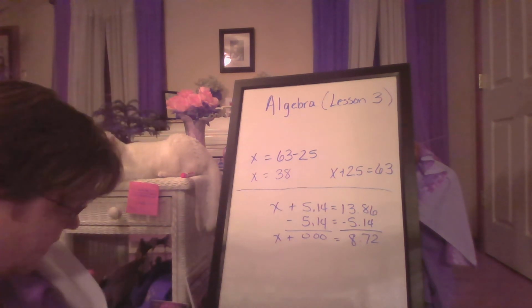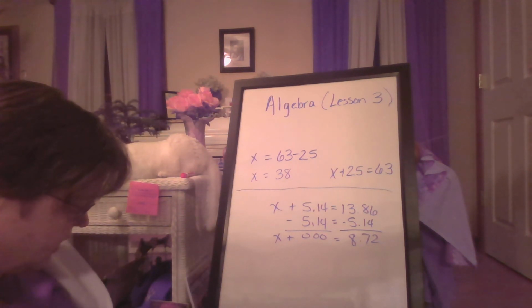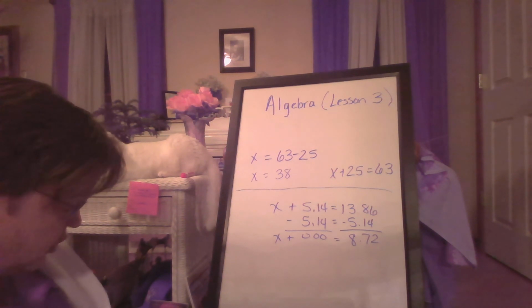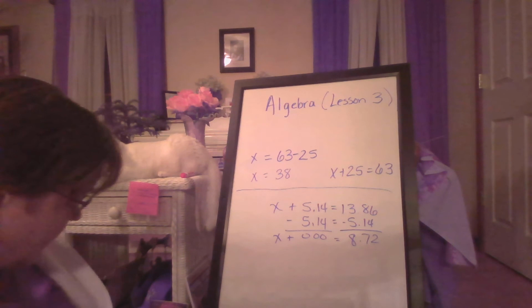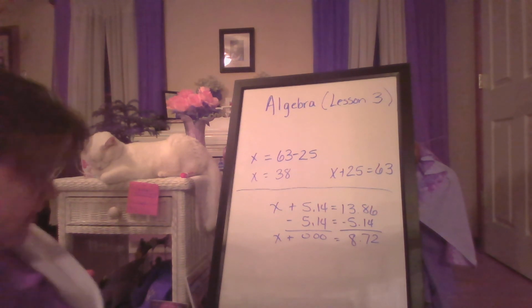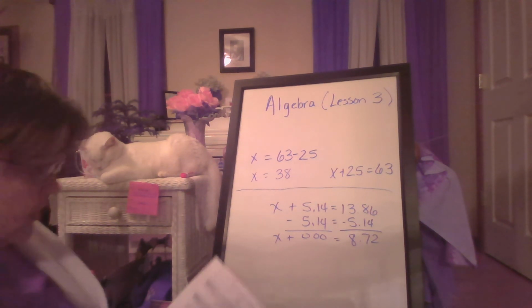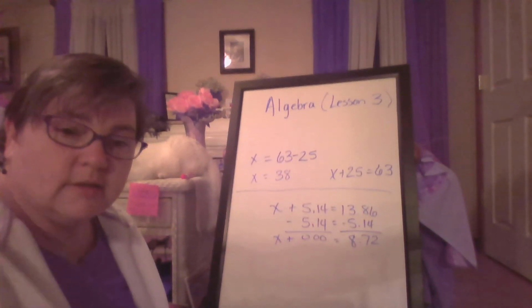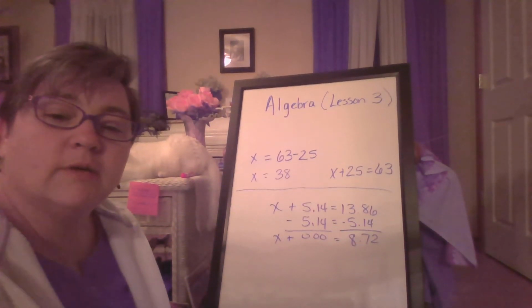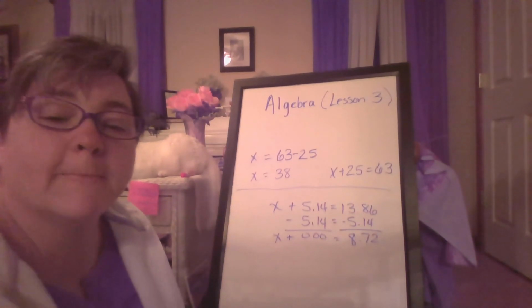So we're going to talk a little bit about that. Subtracting a number to get rid of an addition is called undoing. Any addition can be undone by subtracting the same number from both sides.